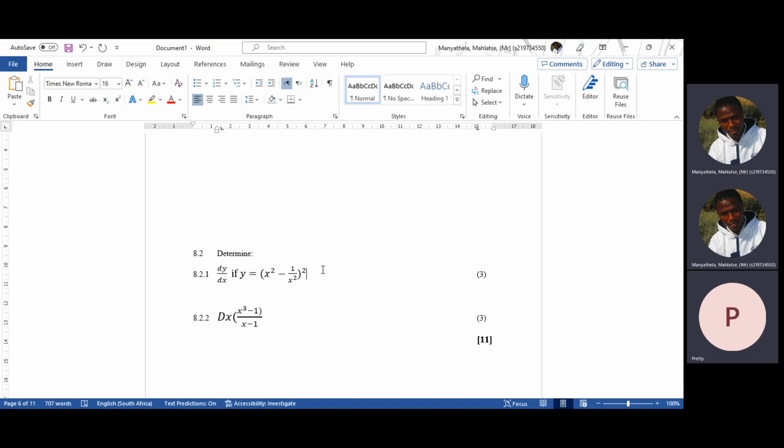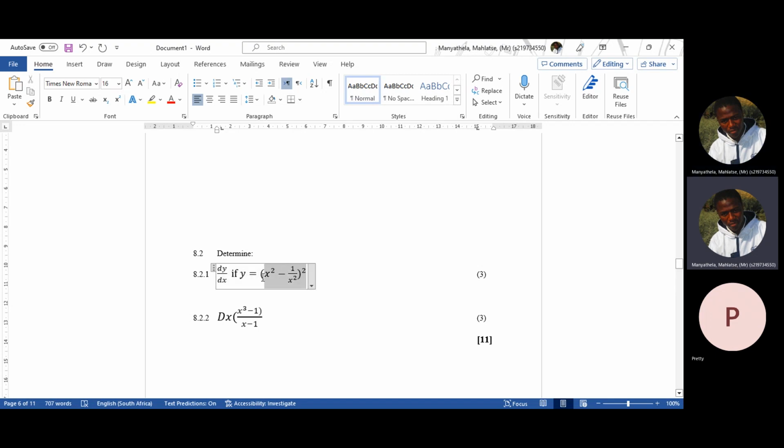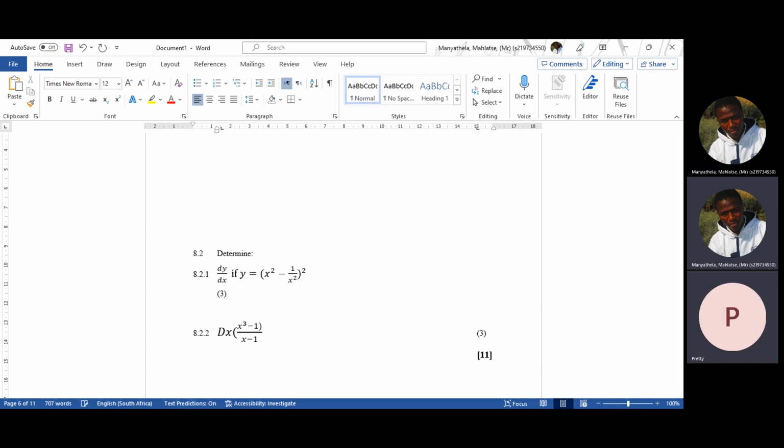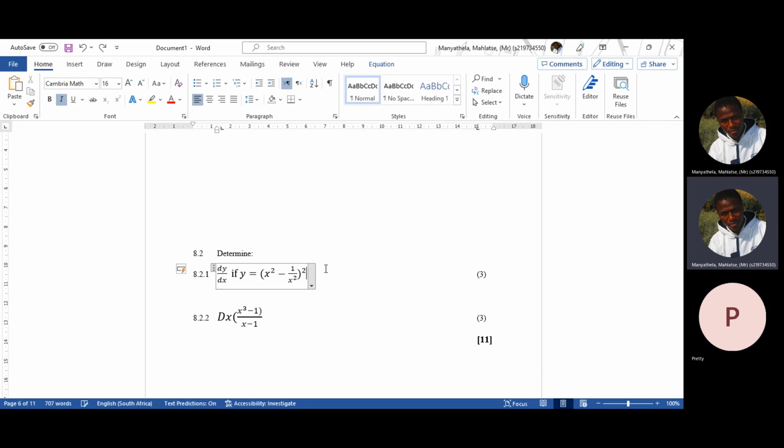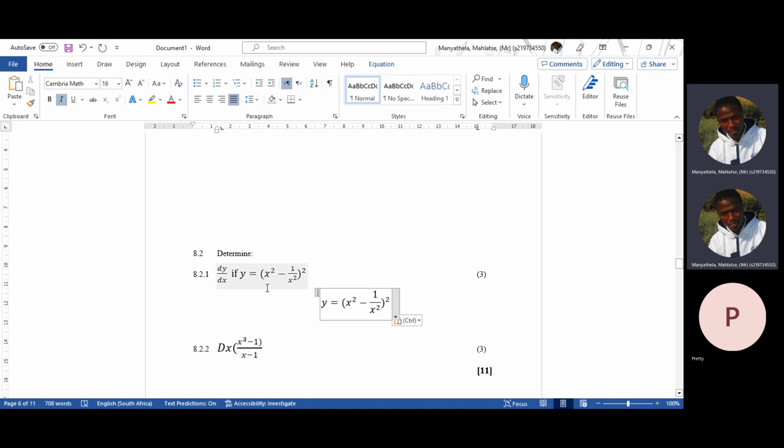So the first thing, if you're given something like that, before you derive, you have to first simplify it. We have a binomial, and for as long as you haven't started deriving, you keep the y to show that you have not started deriving.